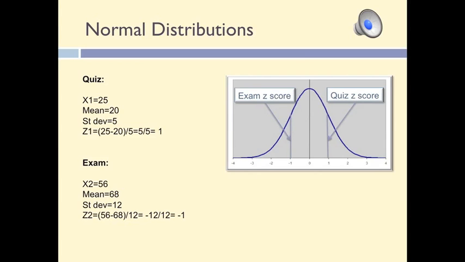Similarly, the mean on the exam is 68 and the standard deviation is 12, so the student's z-score is -1, or exactly 1 standard deviation below the mean. Now we have evidence that the score on the quiz is significantly higher than the score on the exam, even though the raw score was actually smaller.